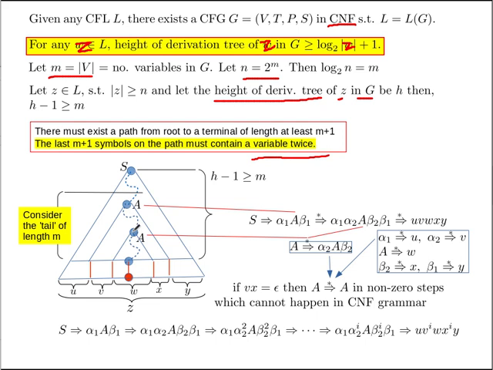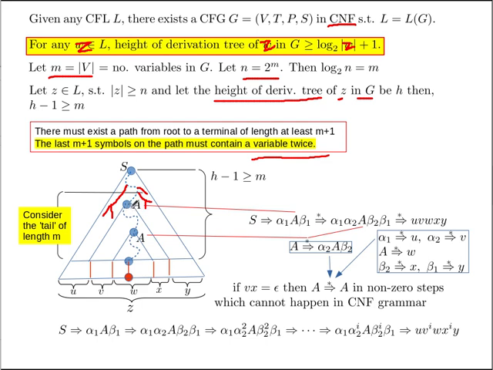Now if this is the case, starting from S, it got to this A, and then there are other branches going out from this part. It is a tree, right? So there are other things going to the left and right. Starting from S, you will reach something like this. So this A is here, and there is something before it and something after it, alpha 1, beta 1.